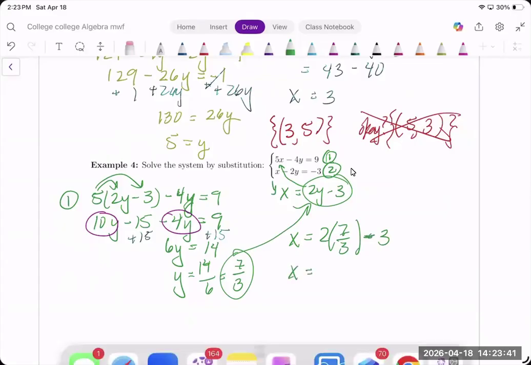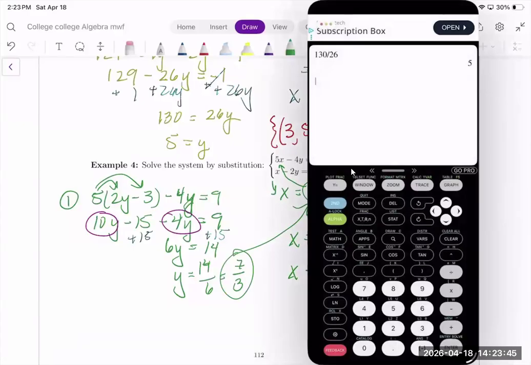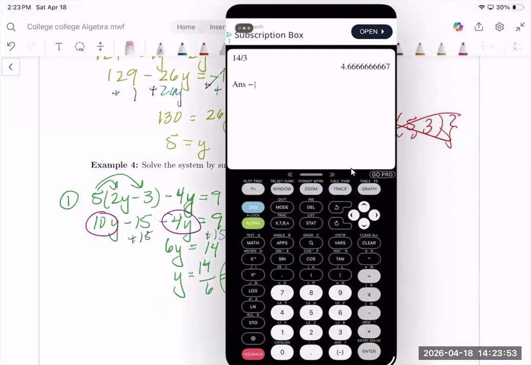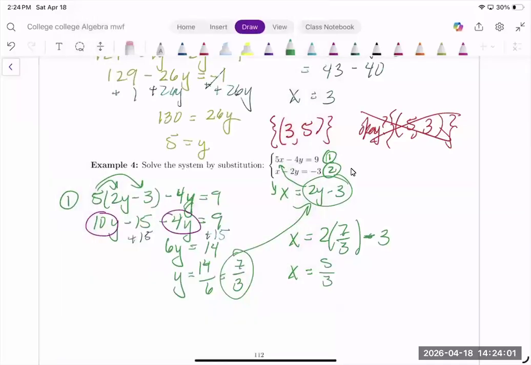So x is equal to, let's see, 2 times 7 thirds is 14 thirds. And then it was minus 3. Yeah. And then I'm just going to say math, enter, which is 5 thirds. So here we have 5 thirds, comma, 7 thirds.